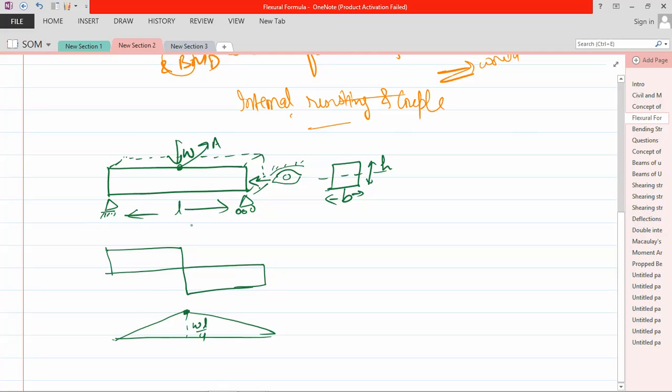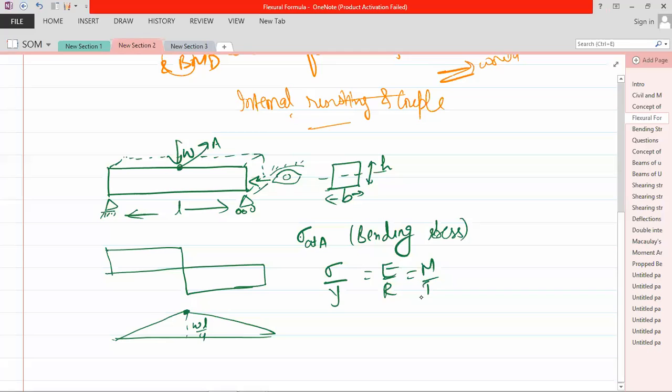Now, what is the bending stress at point A? We need to find sigma at A using the flexure formula: sigma by Y is equal to E by R is equal to M by I. You cannot use E by R because neither E nor R is given.